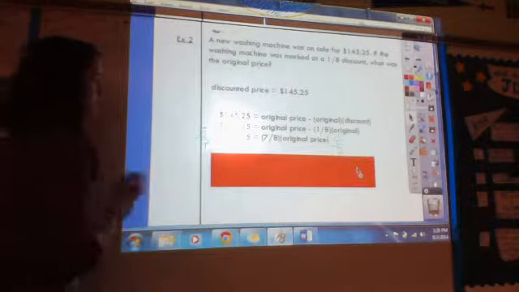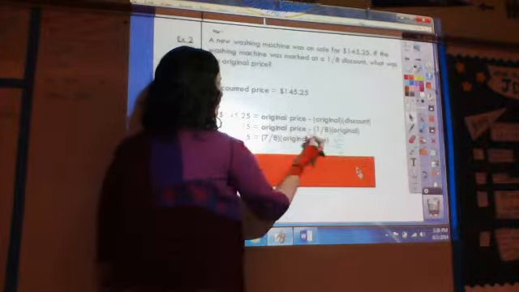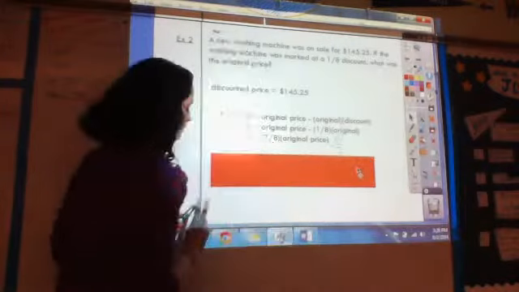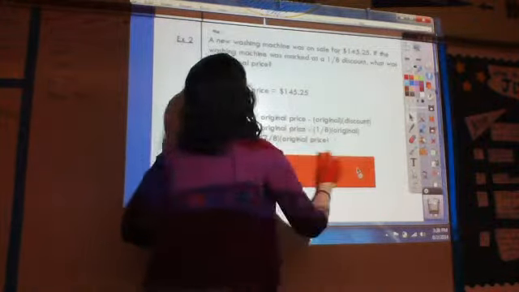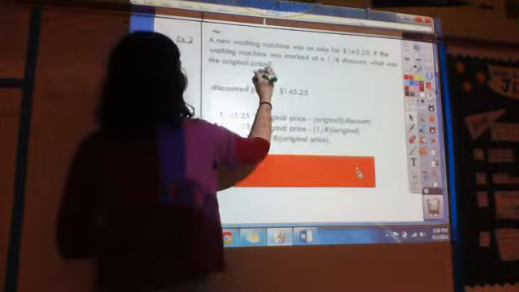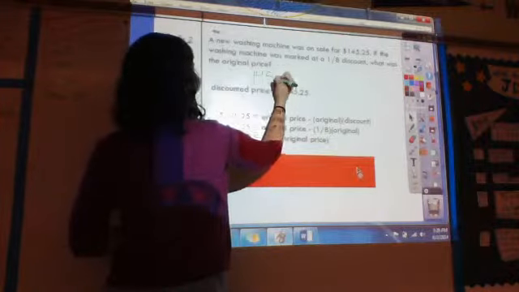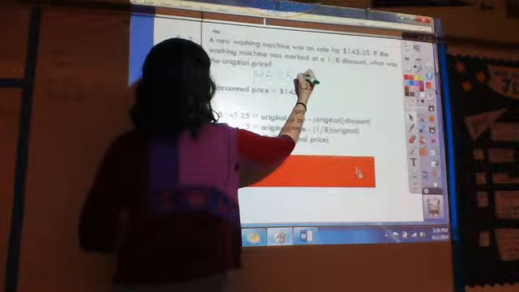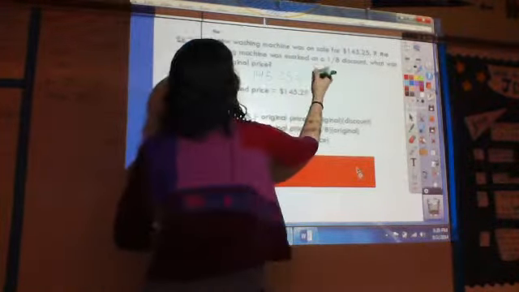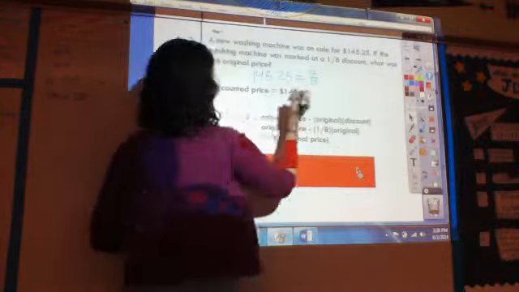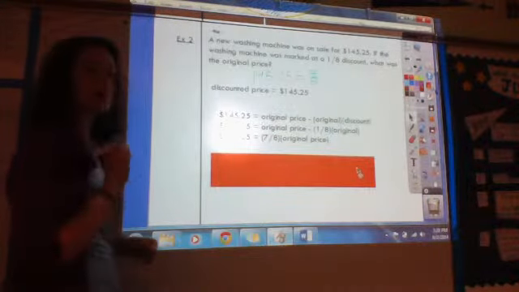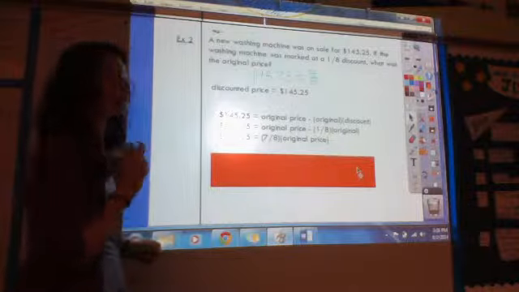Now, if I have 7, so this is the same thing. Let me write a new equation because it's getting a little confusing. I'm going to write it right up here. So I have 145.25. My pen is your pen. That's the equation we have. We're going to multiply by the multiplicative inverse in order to cancel these out.